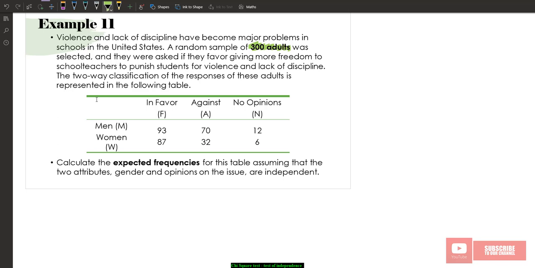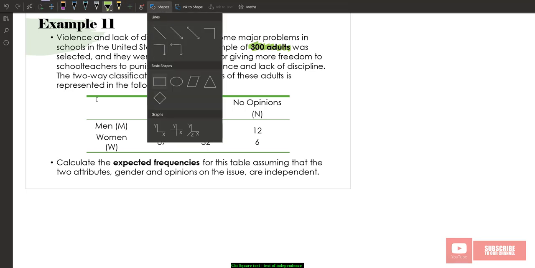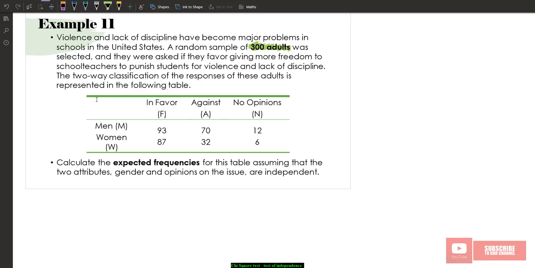They are asked if they favor giving more freedom to school teachers to punish students for violence and lack of discipline. And the two-way classification of the responses of these adults is presented in the following table. So let me copy this table again for me to do a calculation, right?